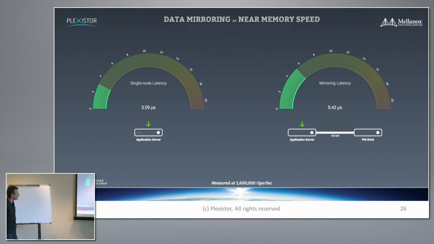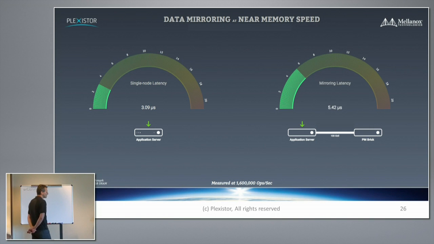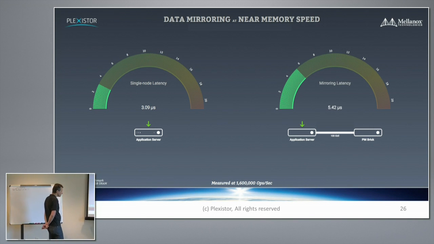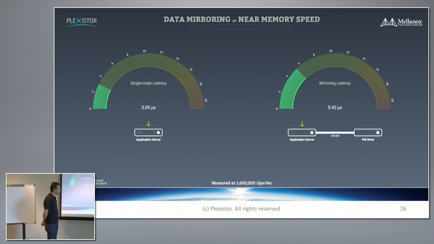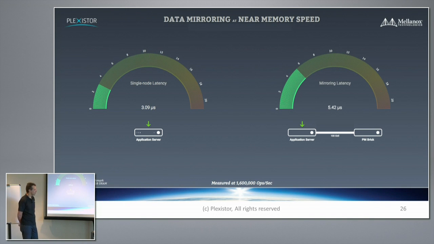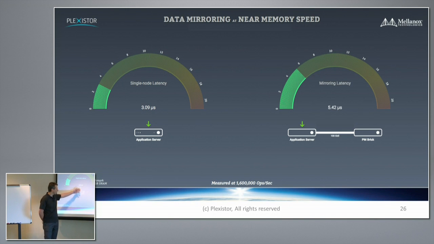So before I go on to different types of devices, just to see one example. So this is a demo. Well, actually, this is a screenshot from a demo we built with Mellanox. And on the left-hand side, you see a single node, the latency of a single node, right? The application server, just like we spoke about in the previous slides. You see the latency here is 3 microseconds.